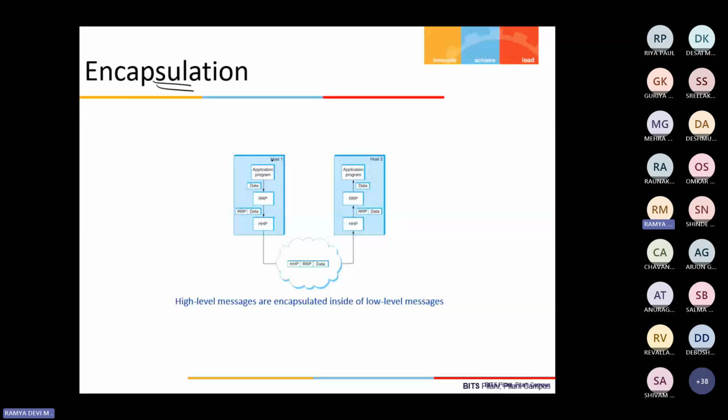RRP is a protocol, so it provides its own header. The data is wrapped with the RRP header and given to the next layer, which uses the HHP protocol. HHP will consider this as the entire message.